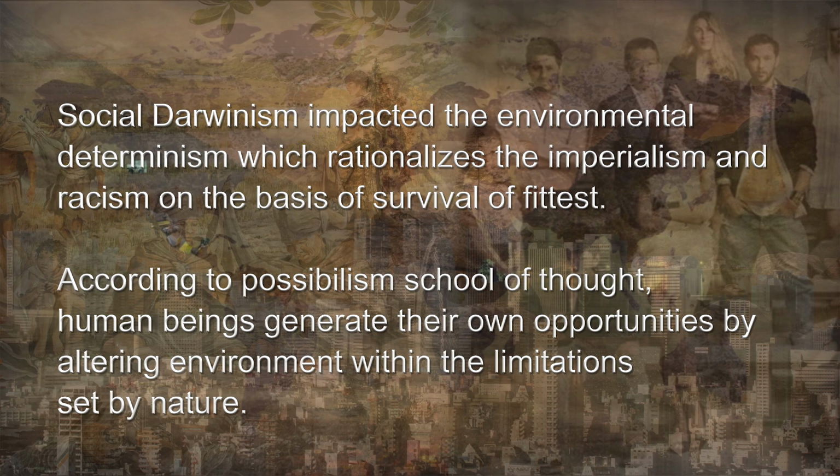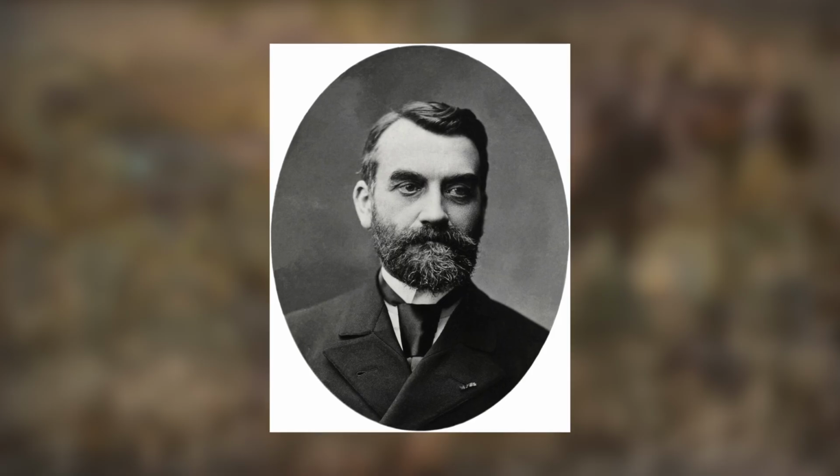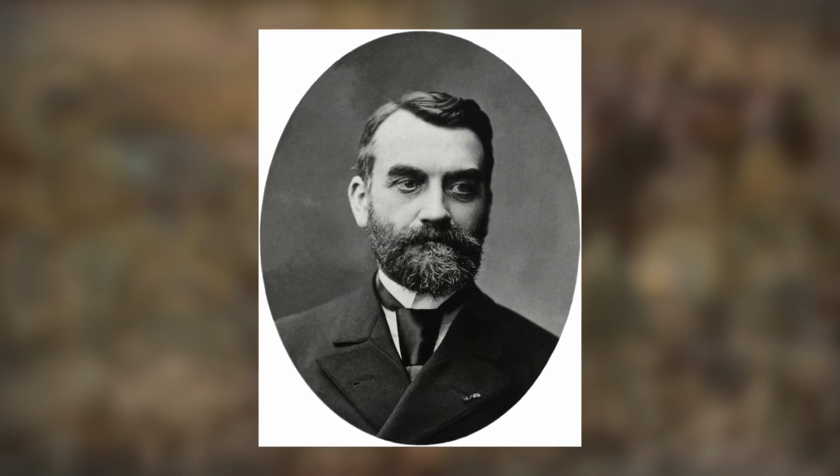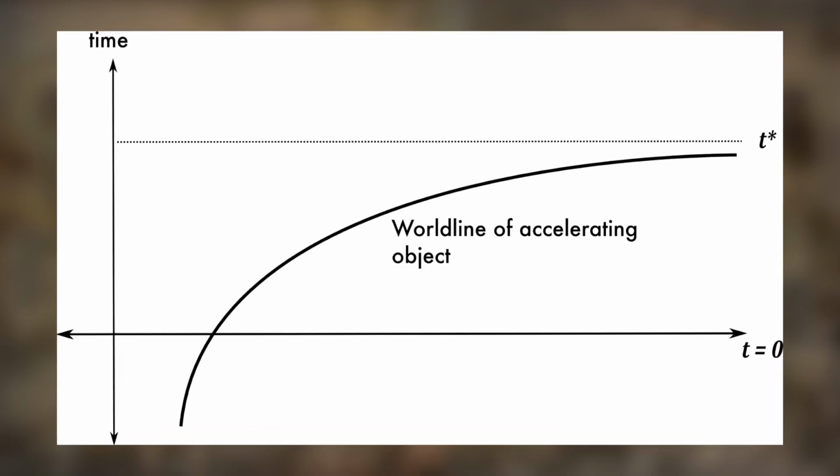According to the possibilism school of thought, human beings generate their opportunities by altering the environment within the limitations set by nature. Blache, who instigated the idea of possibilism, saw the environment as a limiting factor rather than as a deterministic force.